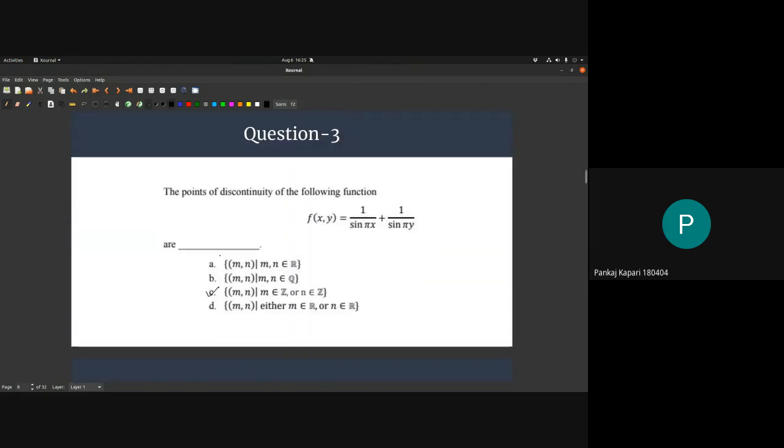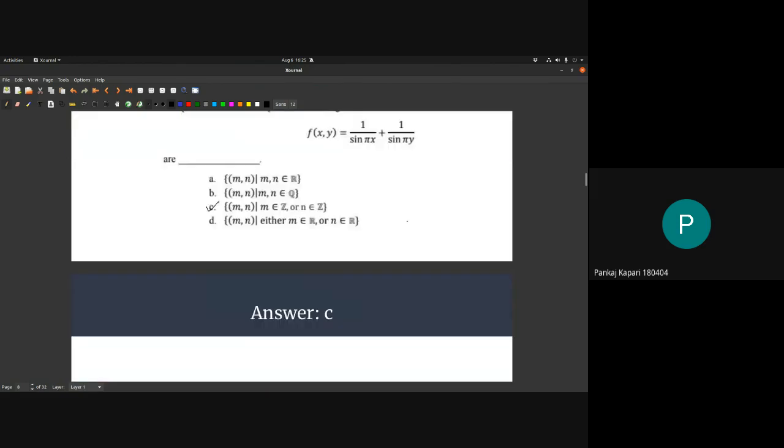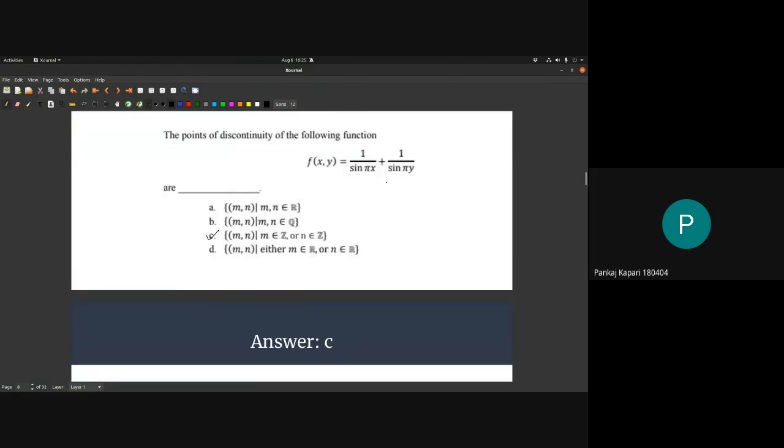I have written it here. Now, when sine pi x is 0, can someone tell me? x belongs to n pi. Can you repeat once again? When x is equal to n times pi.